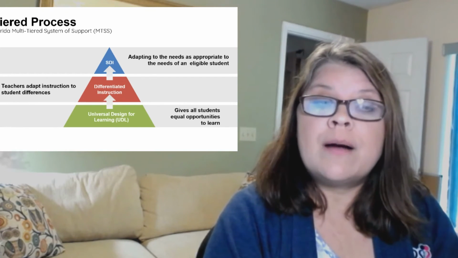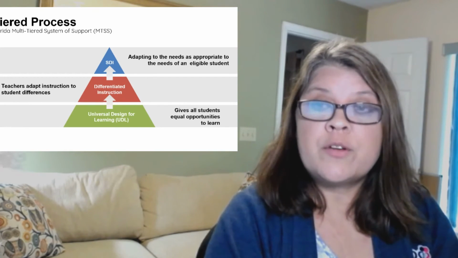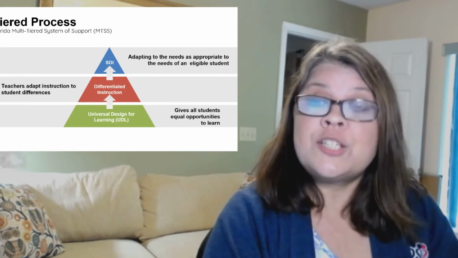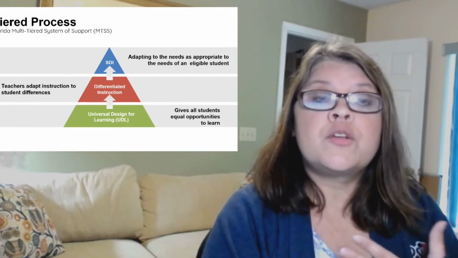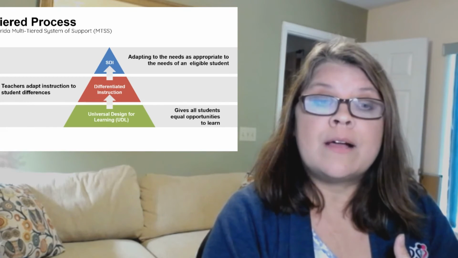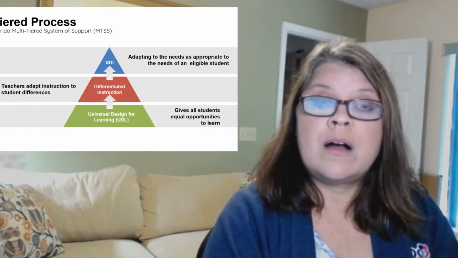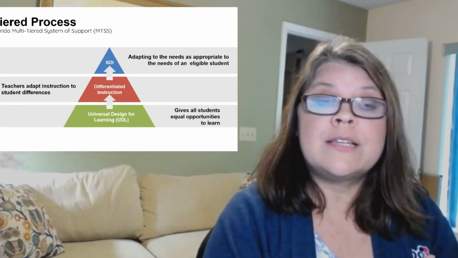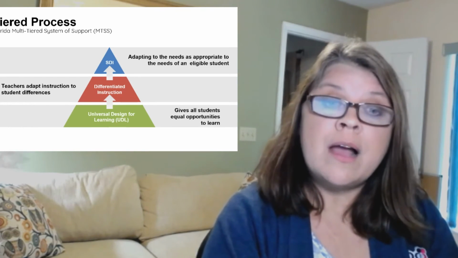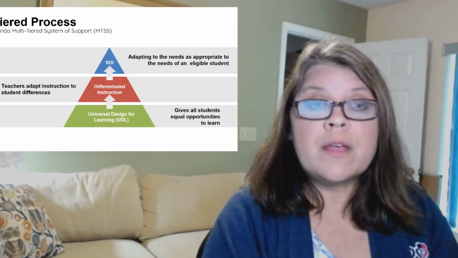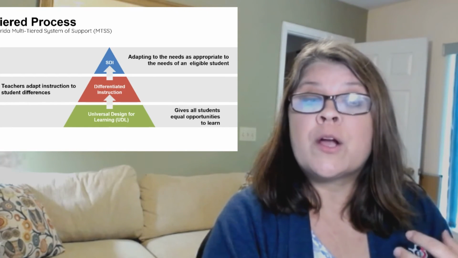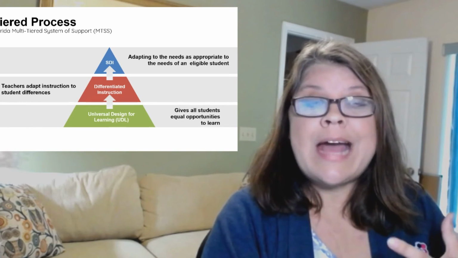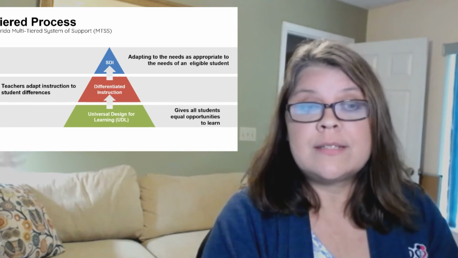Now, as you move up into the red tier, differentiated instruction, which is what we've been talking about, students would also get more support and receive small group interventions and supports in addition to Tier 1. The difference is maybe increased time, smaller groups of students, or more narrow focus on instruction. Teachers adapt instruction to students' differences.